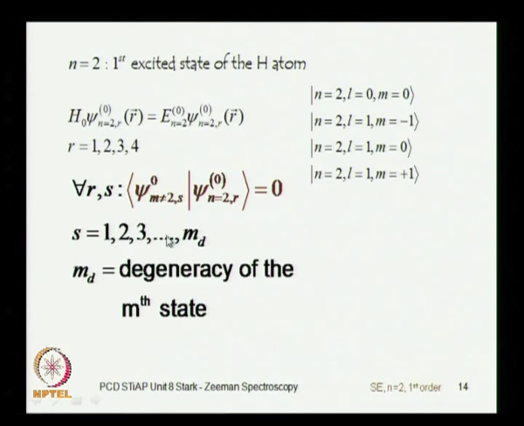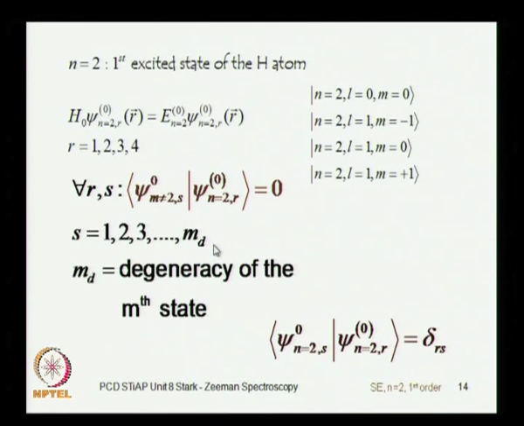If the degeneracy is m_d fold, then you will have 1, 2, 3 up to m_d linearly independent functions which belong to the same eigenvalue for the mth state, and the n equal to 2 state is orthogonal to each one of them. So, this is the degeneracy of the mth state, and of course, these 4 states are orthogonal to each other within themselves. So, for r not equal to s, this inner product would vanish.